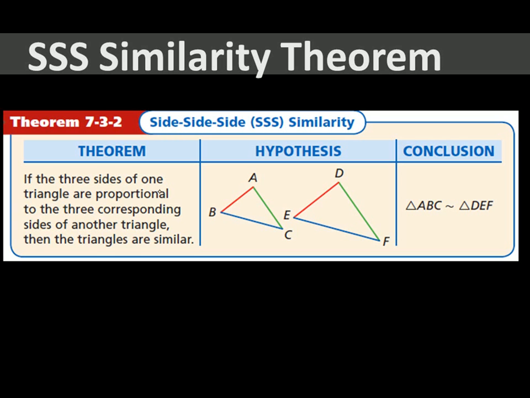So if the three sides of one triangle are proportional to the three corresponding sides of another triangle, then the triangles are similar. We would have to say AB is to DE just as AC is to DF, and just as BC is to EF. If all three of those ratios are equal, then the two triangles are similar, without knowing anything at all about the angles.